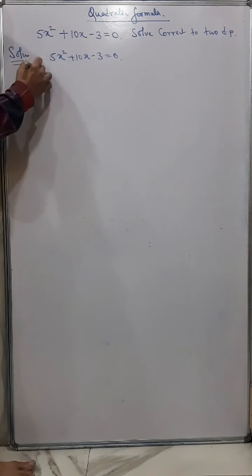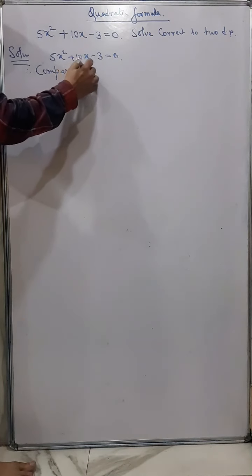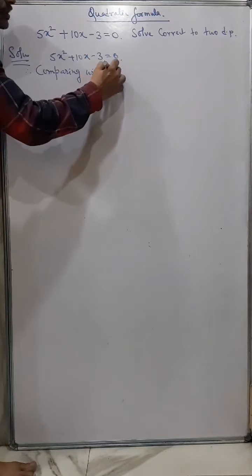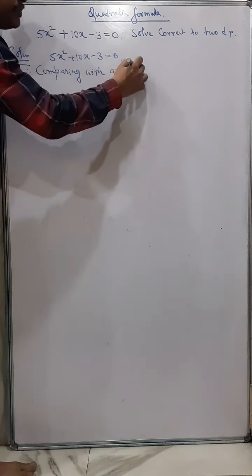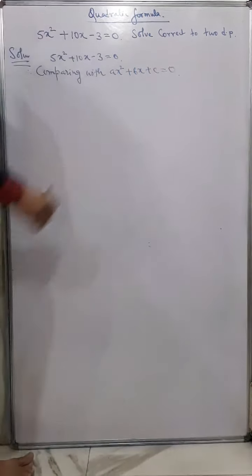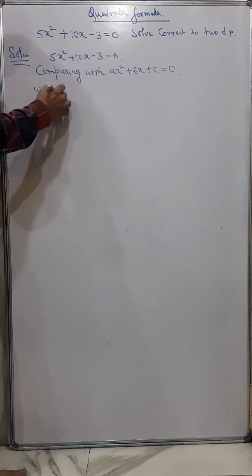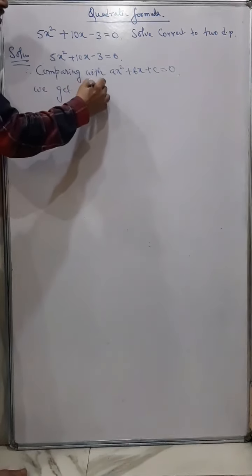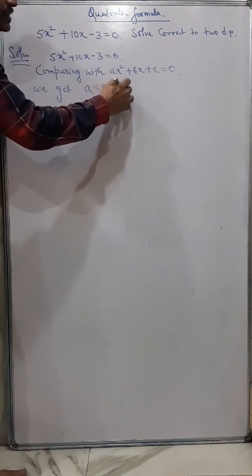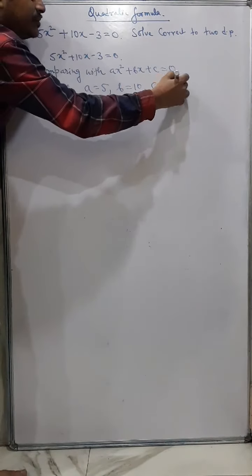First we have to write comparing. Now comparing with ax square plus bx plus c equals 0, we get a equals 5, b equals 10, and c equals minus 3.